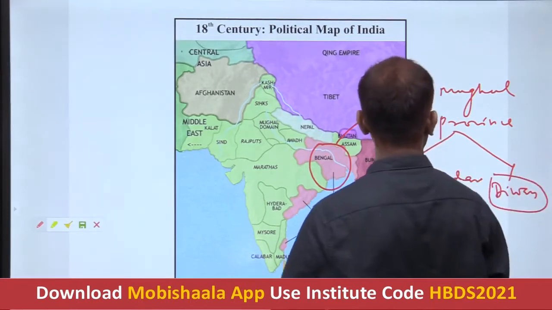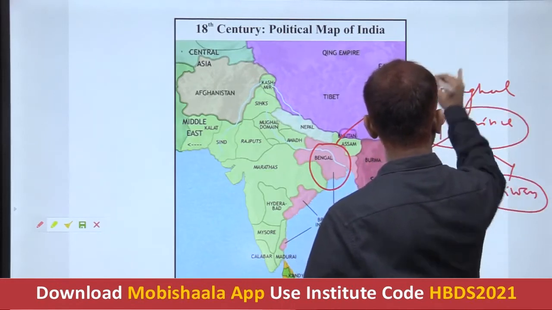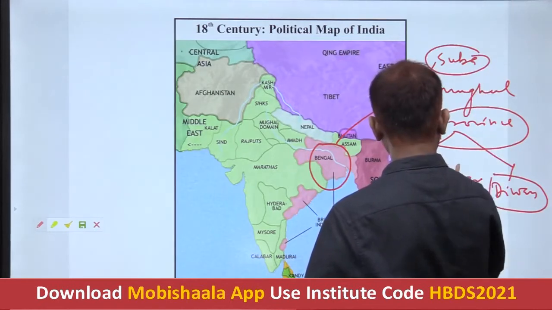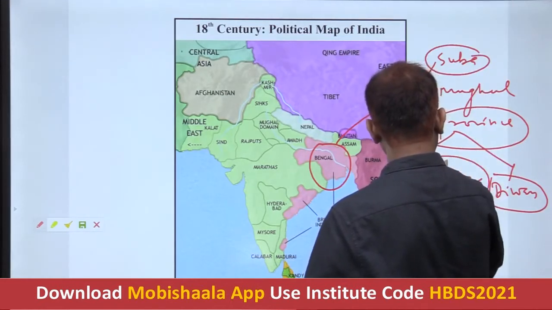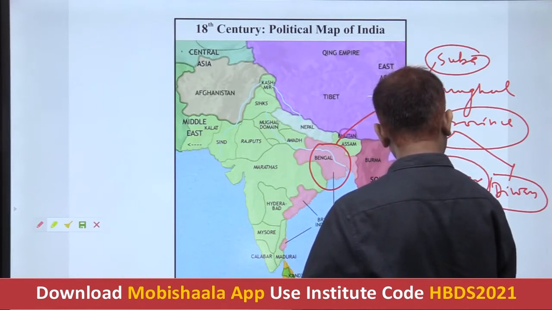In those times, the Mughal provinces were called Suba, and the head of Suba was called Subedar. His duty was to maintain law and order in his province.